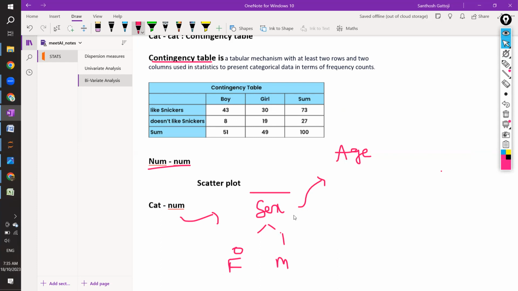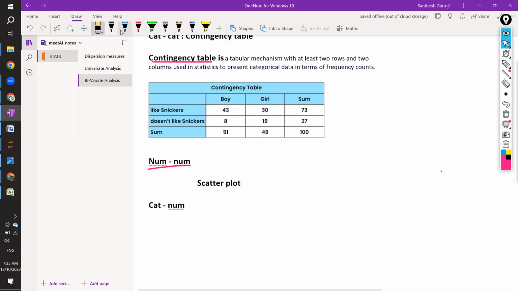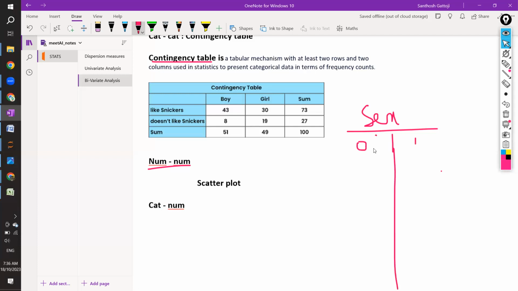One of the simple ways to plot here: you have this one column with 0 and 1, where 0 is female and 1 is male, and over here you have age.